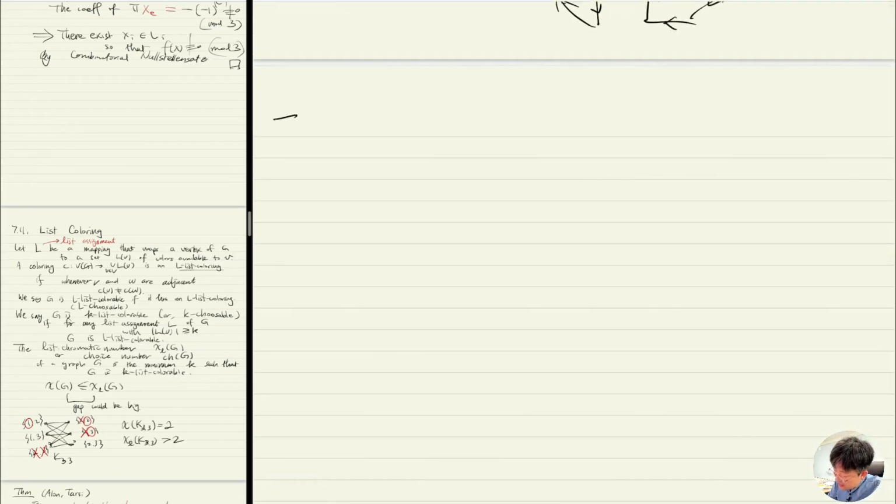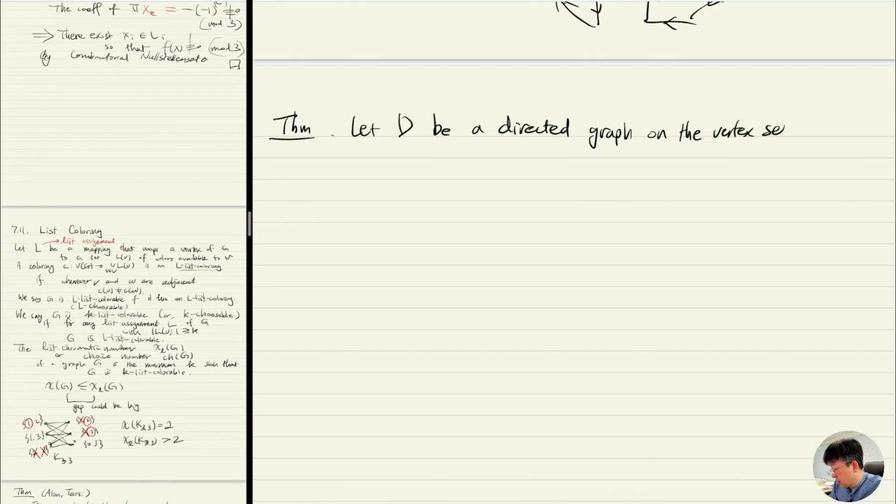So here's the theorem. Let D be a directed graph on the vertex set V1, V2, up to Vn, and let Di be the out degree of Vi.